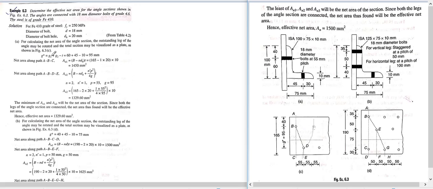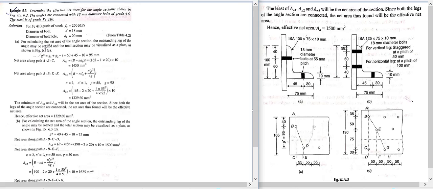Okay, so let us come to this figure. So net area along path ABC is equal to, so along path ABC how much is the total length? So from this bolt to this bolt, it is 95, as we have solved this. So 95.